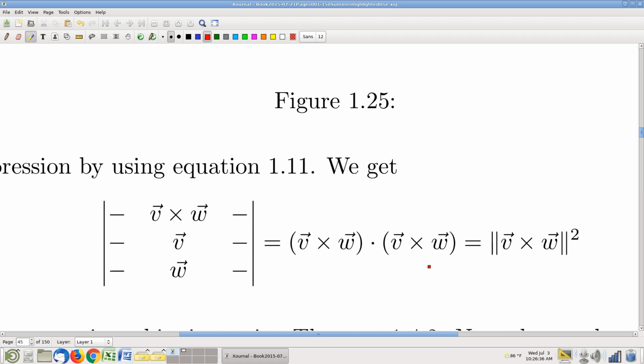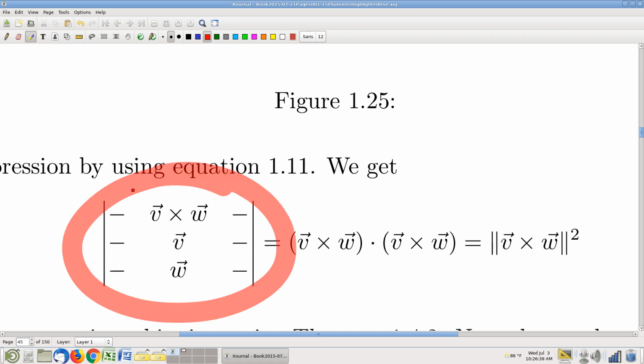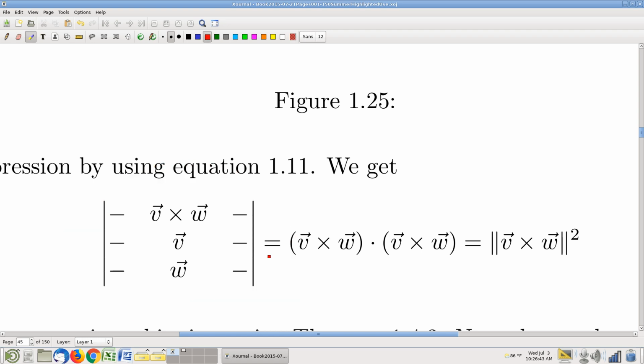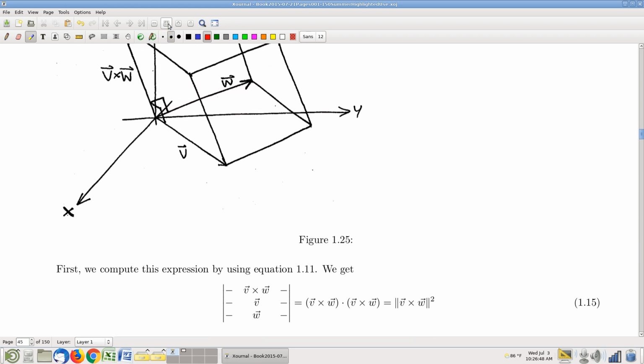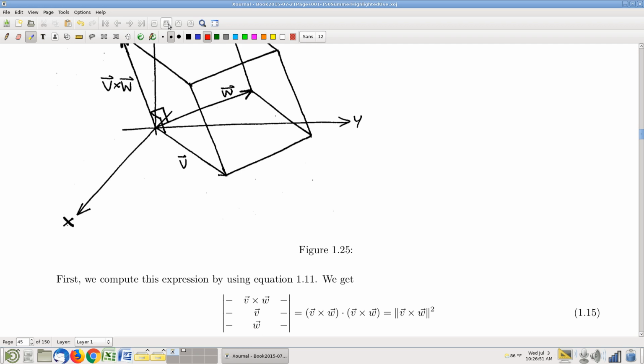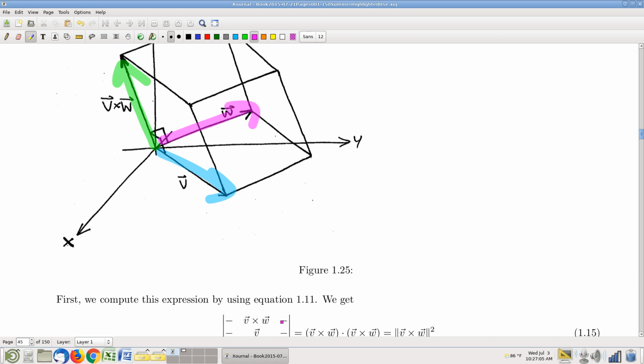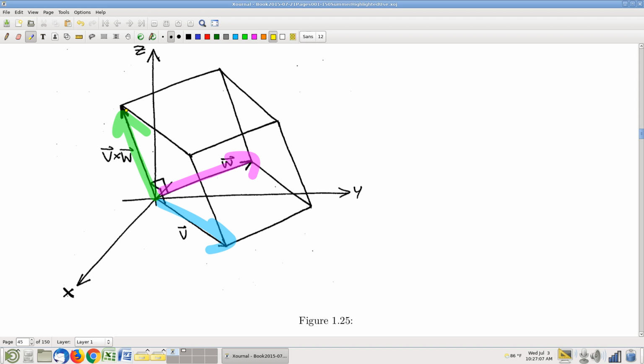Haven't proved my result yet, but bear with me. That's the first step. Next thing I'm going to do with this same determinant is observe, we already know, that determinants are volumes. Right? So first vector, second vector, third vector. And this determinant is this volume, right?